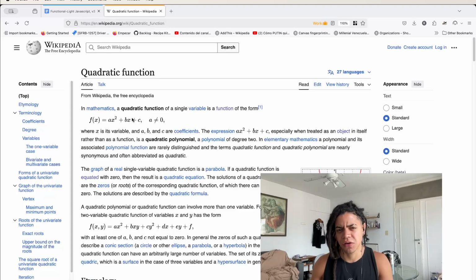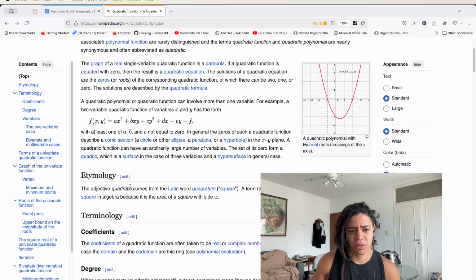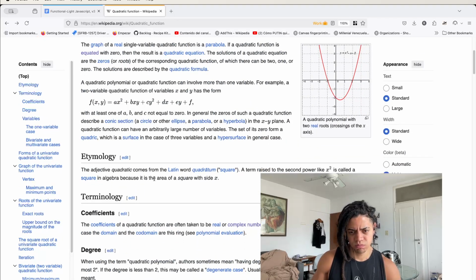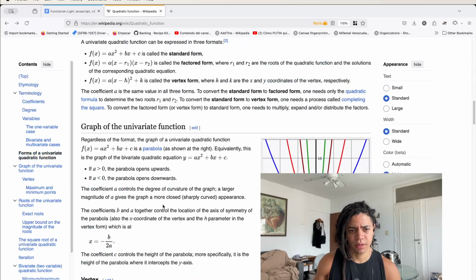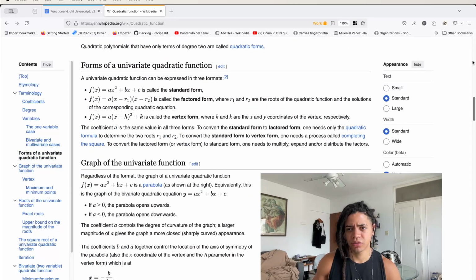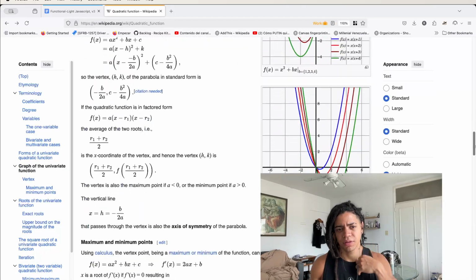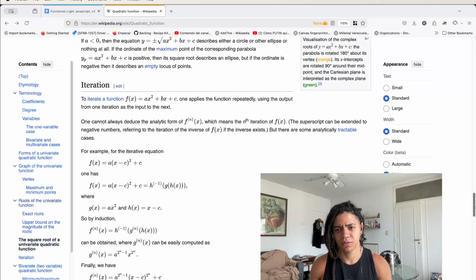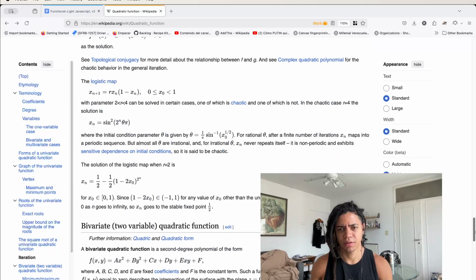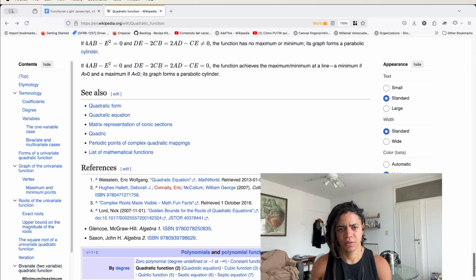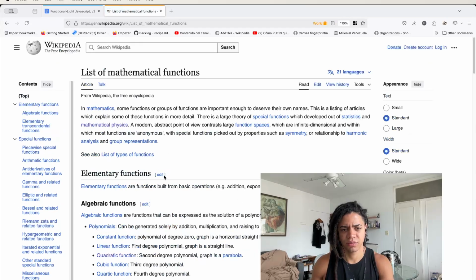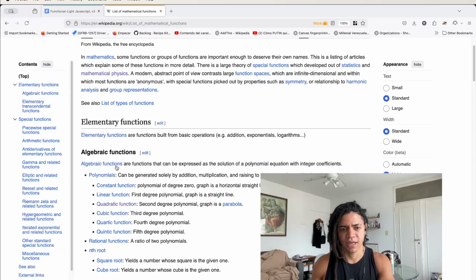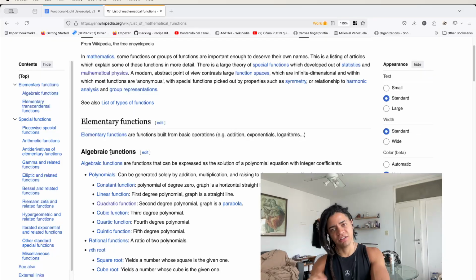Well, this is part of the functions, and functions can be entered into the realm of algebra, I think. Functions, graph univariants. Yeah, wait. List of mathematical functions, algebraic functions. Here we go. Algebraic functions.